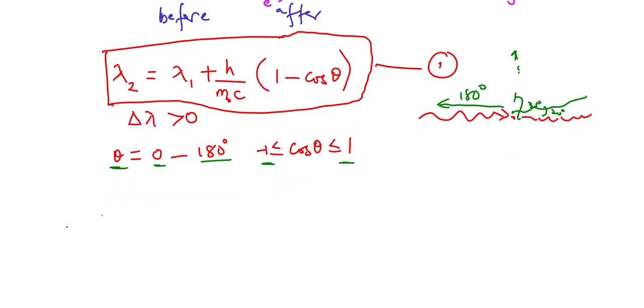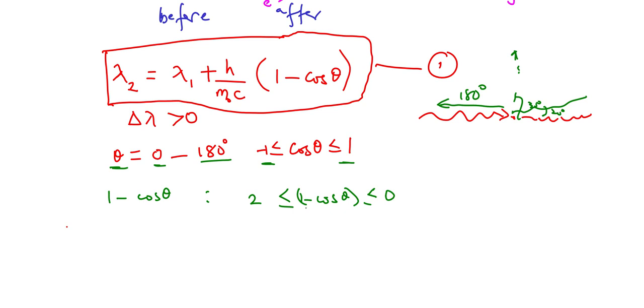So in that case, what will be the range of values for 1 minus cos theta? This will be 1 minus minus 1, that will be 2. And 1 minus 1 is 0.